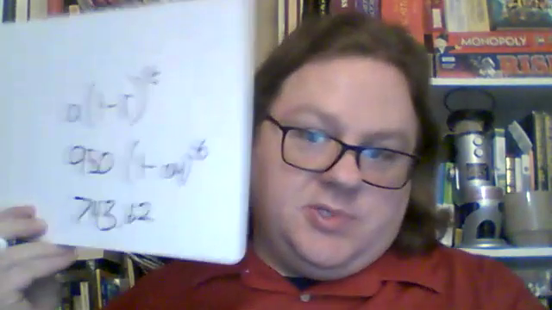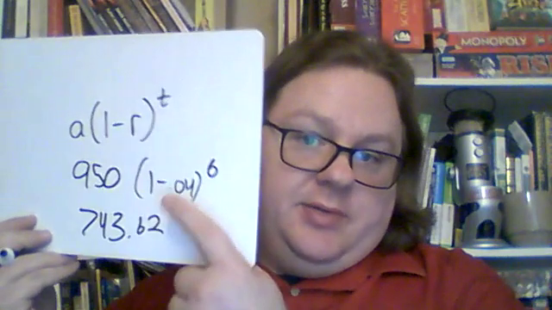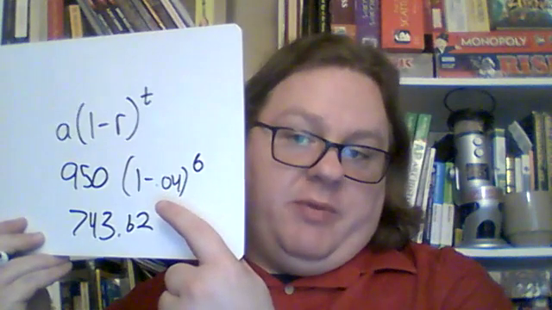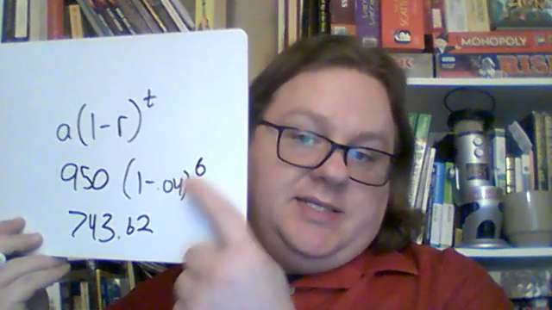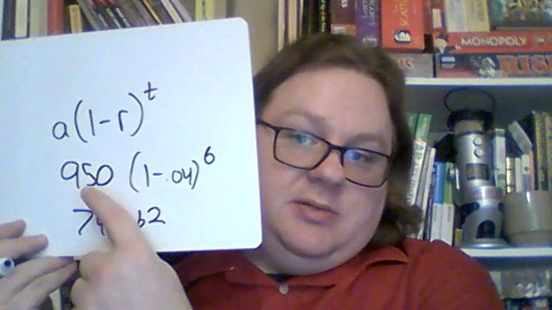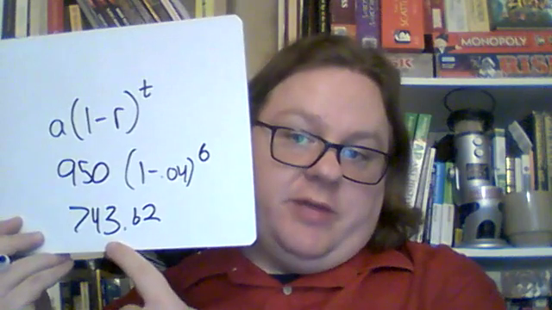So we multiply that by the 950, and it is now worth $743.62. Just to show you how I did that, 1 minus 0.04 got me 0.96. 0.96 to the power of 6 got me 78%. 78% times 950 got me 743.62.